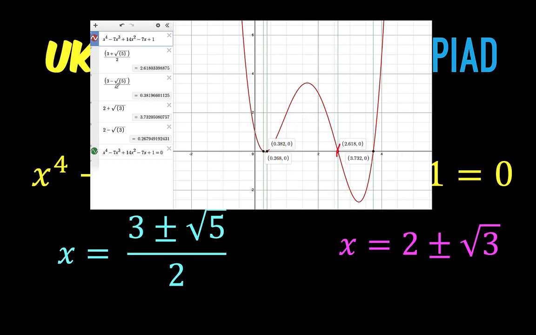The next one is 3 minus the square root of 5 over 2, which is approximately 0.3819, which is this point. The next one is 2 plus the square root of 3, which is approximately 3.732, which is this point here. And lastly, 2 minus the square root of 3 is about 2.679, which is this point here. So these are the 4 roots of this given quartic polynomial, and this problem is now solved.